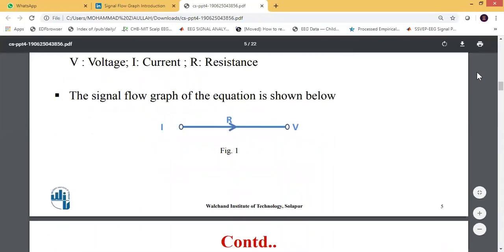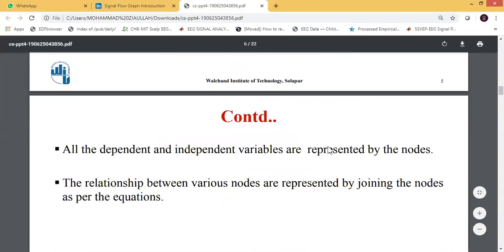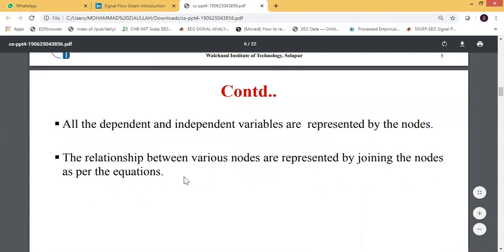Now, what does this signal flow graph consist of? It also consists of dependent variables and independent variables. Both dependent and independent variables are represented by nodes.